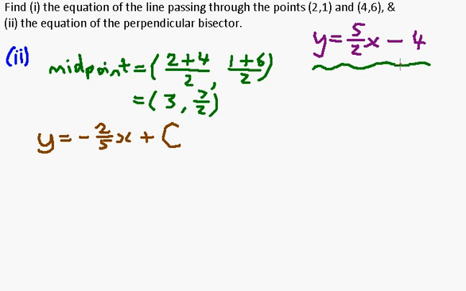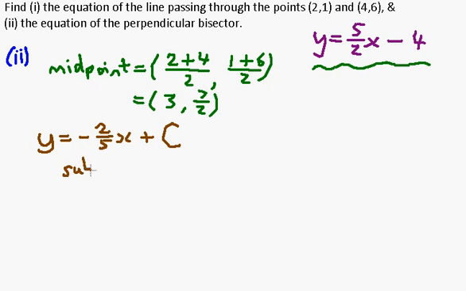It is the negative reciprocal of 5 halves. The reciprocal is that fraction flipped upside down, and it has been made into a negative. Now all we need to do is substitute in our midpoint, and that will give us the perpendicular line that passes through that midpoint.